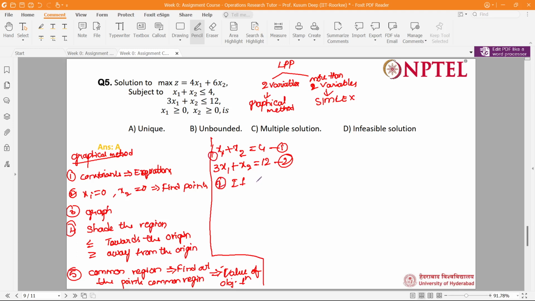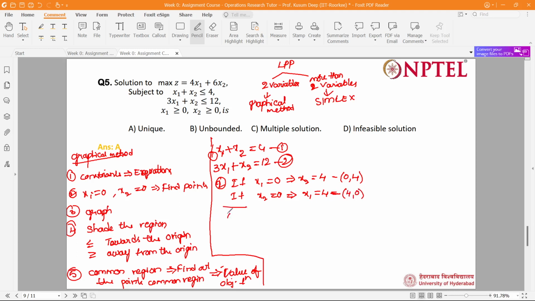If x1 equal to 0, then x2 equal to 4, so the point is x1 0, x2 4. In the same way, if x2 equal to 0, in equation 1 we find x1 equal to 4, so the point is x1 4, x2 0.